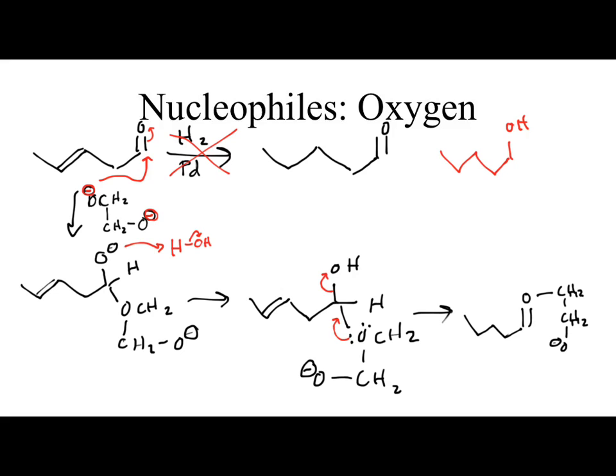And what else am I missing? Hydrogen we can get away with by saying it is implied. And oxygen would be positively charged. Does oxygen want to be positively charged? No. So what's it going to want to do?